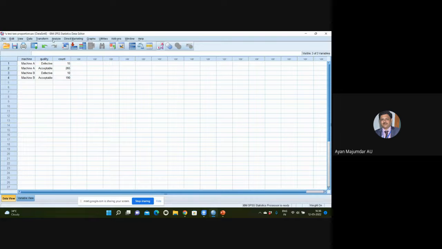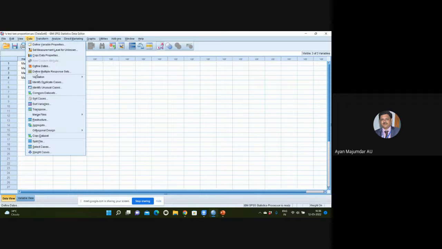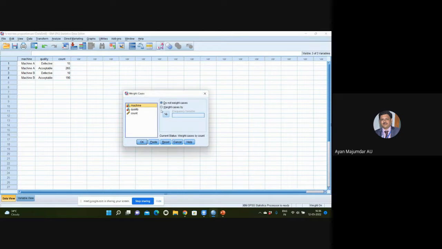So first, just like in the previous one, we will take up the data, weight cases, and this is the counting.